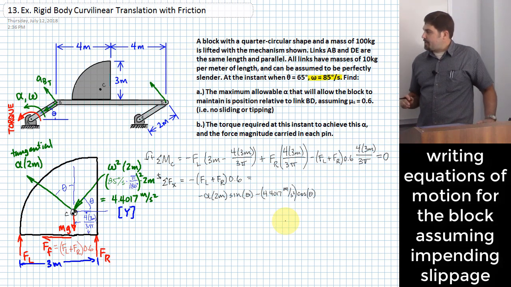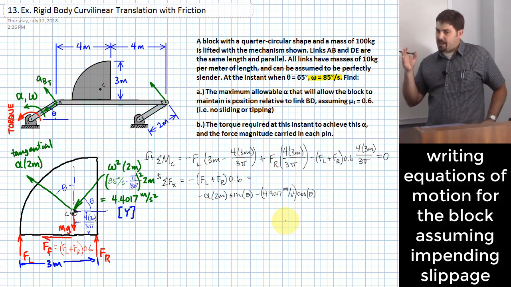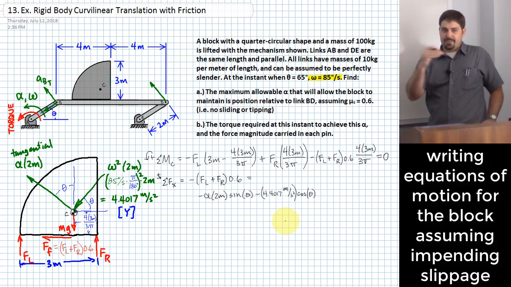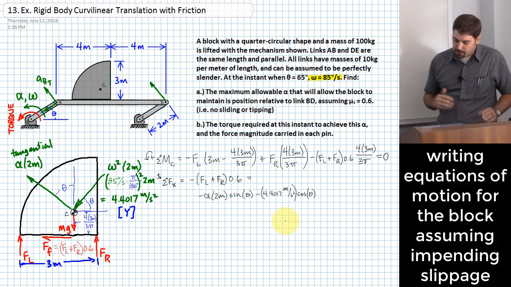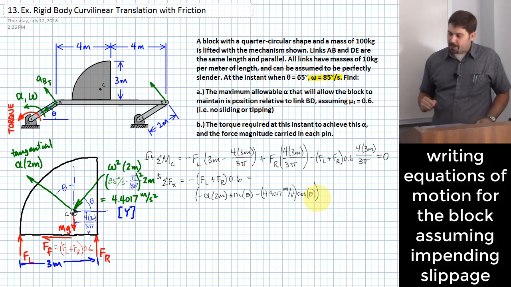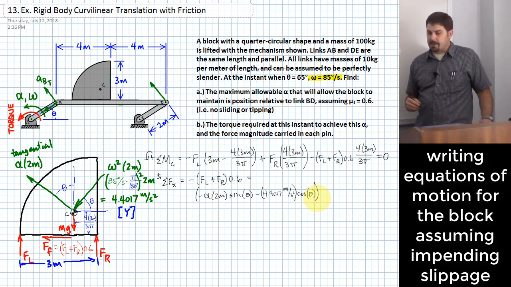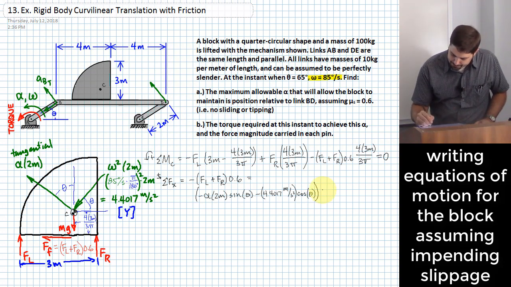All right, so that's what I've got so far, but that right now is just my acceleration of the center of gravity moving leftward. What do I need to do to complete this equation? I need to multiply it by the mass of the body, and the mass of the body is 100 kilograms from up here.